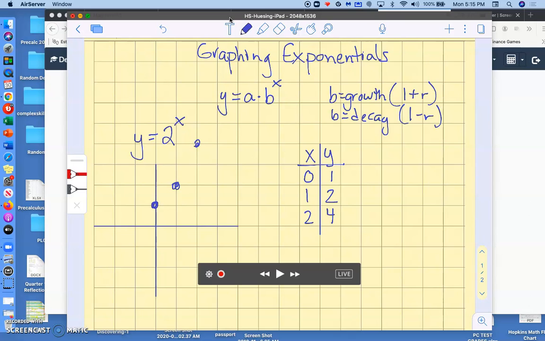And let's say to the negative 1. So that's 2 to the negative 1, so 1 over 2 to the first is 1/2. And we have this exponential that has an asymptote. It never goes to the negative side here.